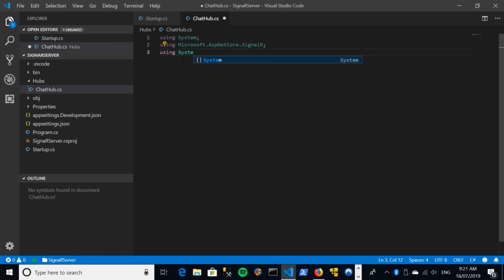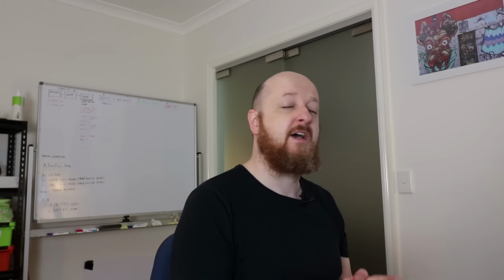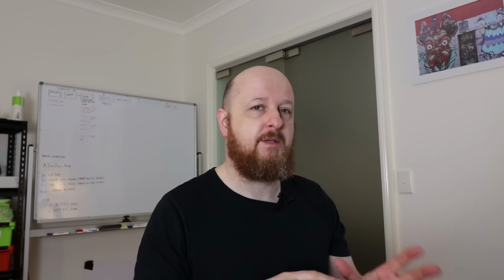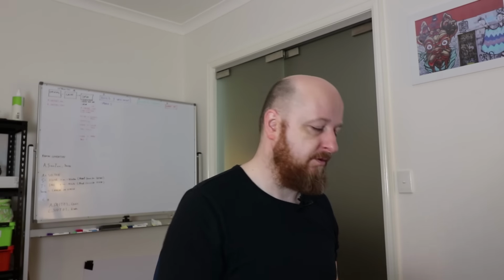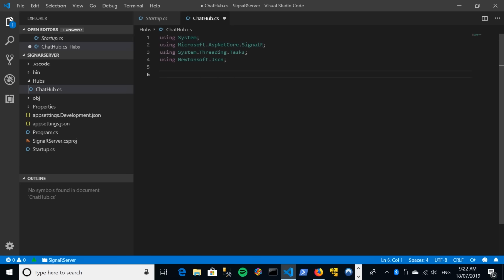We're going to use System.Threading.Tasks, and then finally we're going to use Newtonsoft.Json, as we did before, to deserialize our JSON messaging. And again, Newtonsoft.Json at the moment, as of .NET Core 2.2, is included with that. I have read somewhere, I think with .NET Core 3, they might be swapping that out as the default JSON package, but I'm not sure about that.